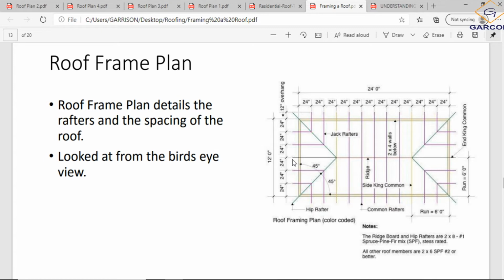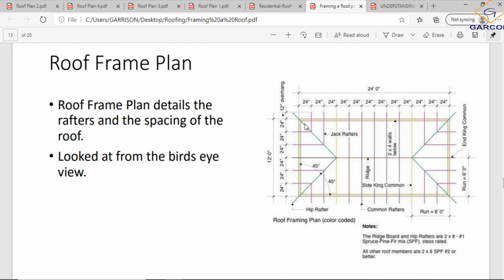But you'll get it easily as long as you raise your ridge board in the center, and then you put up your king common, then automatically from the edge of the building this gives you 45 degrees. So you get the roof easily. So start with your ridge board, your commons after them, and then a king common, and then you get this.